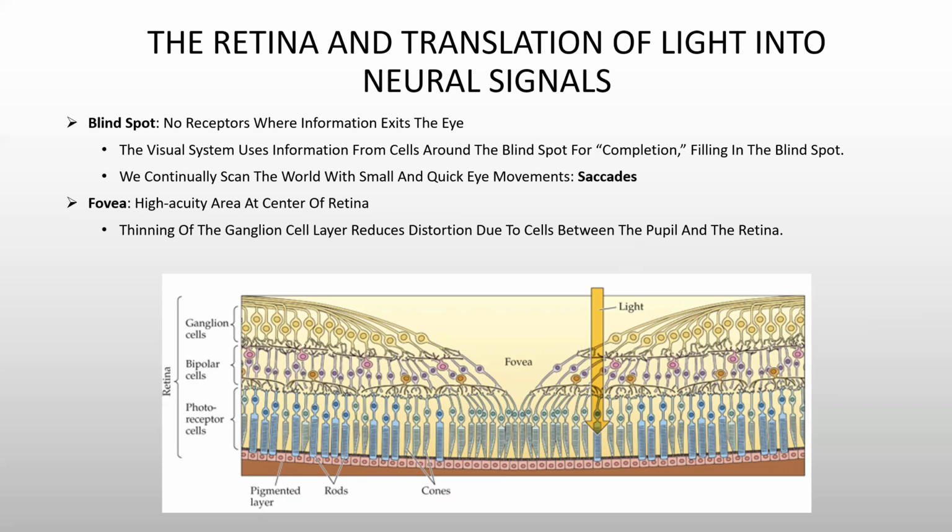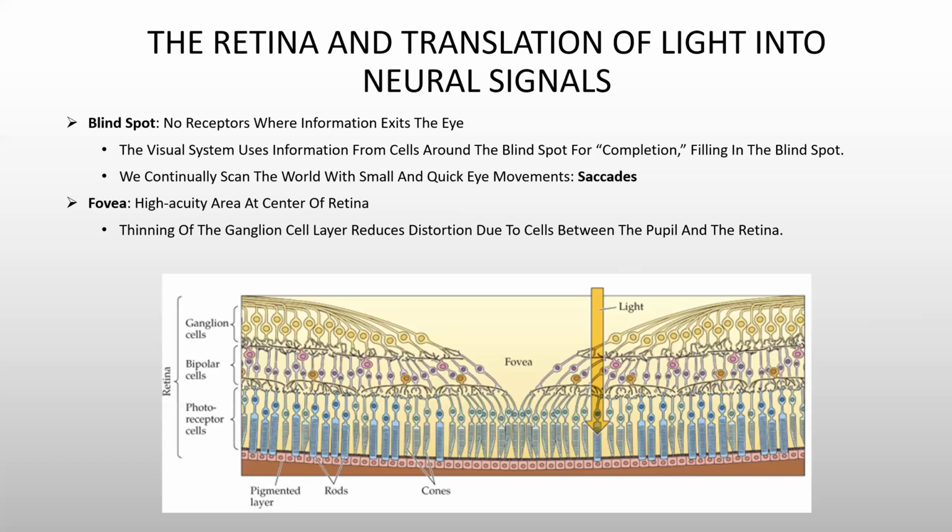Well, why don't we see the blind spot? Our visual system uses information from cells around the blind spot for completion. And also we have very quick eye movements called saccades. Our eyes are constantly moving a little tiny bit so that we aren't focused straight ahead and notice that blind spot.